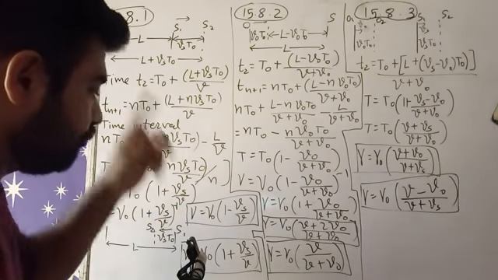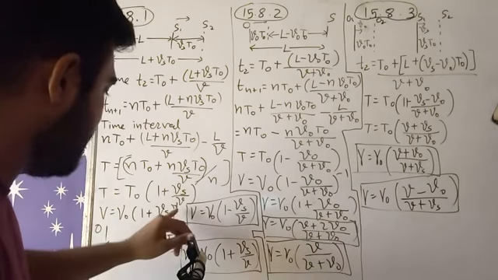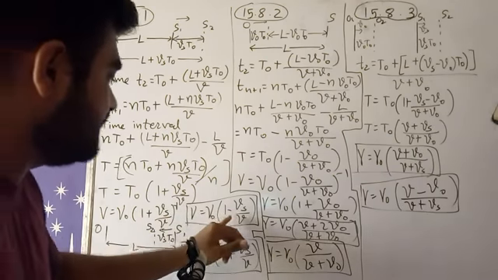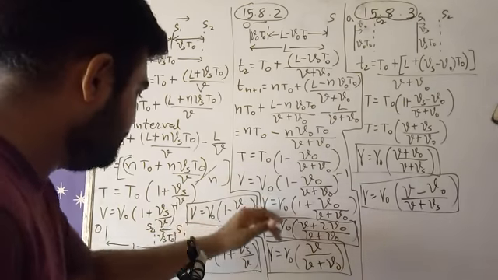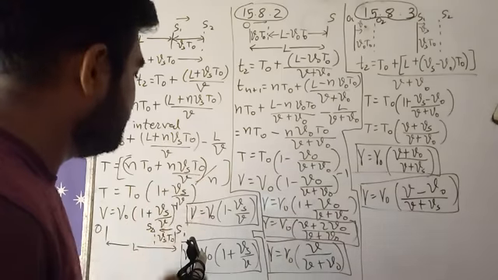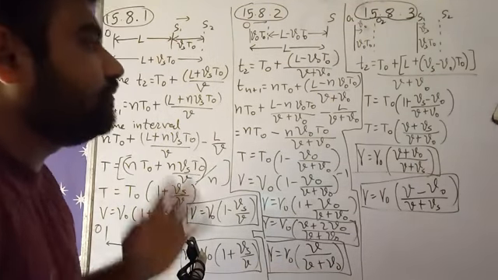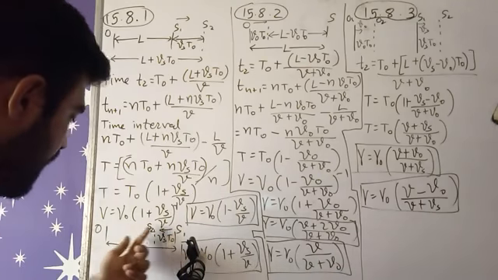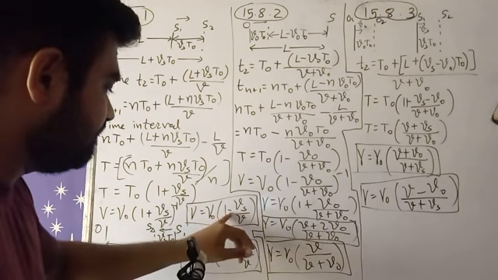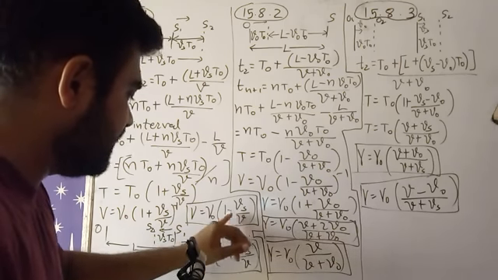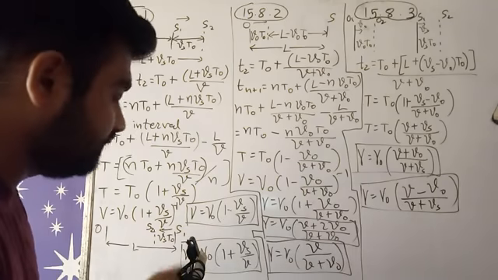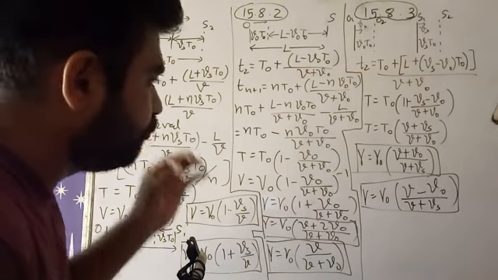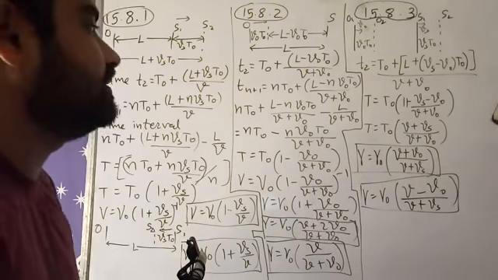Now minus 1, by the binomial expansion, we have to put this minus here, so in multiplication, 1 minus Vs upon V. So this is the frequency whenever the source is moving away from the observer. Now we have to find it whenever the source is moving towards the observer. Only one term changes: this negative becomes positive because of the opposite direction. So this is for whenever the source is moving but the observer is resting.